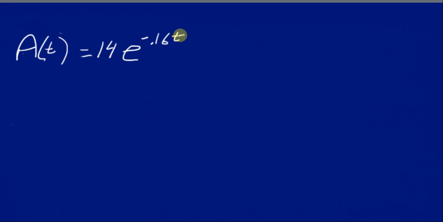So the equation is A of t, the amount after a given time, is equal to 14 e to the negative 0.16t. So without even reading the problem, they give me this formula. I'm looking at A equals P e to the rt, where my beginning amount is 14. My ending amount is what we're looking for over here.